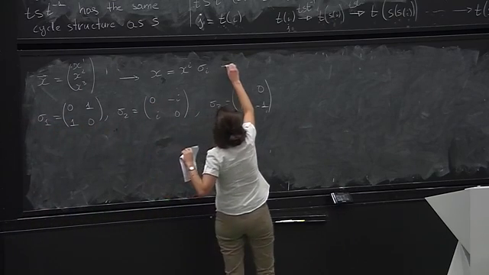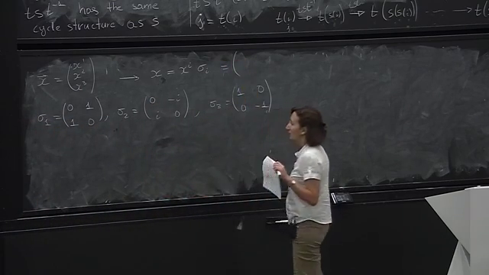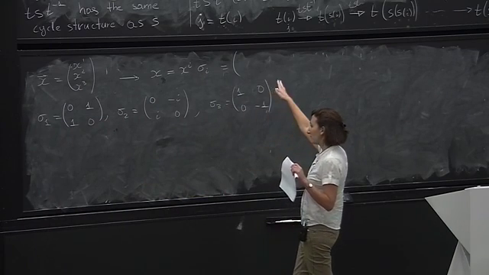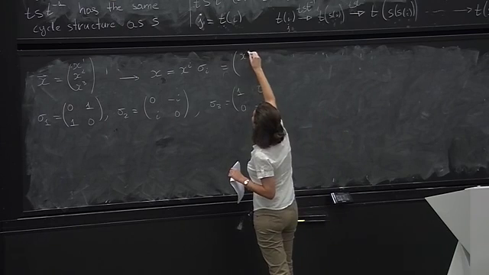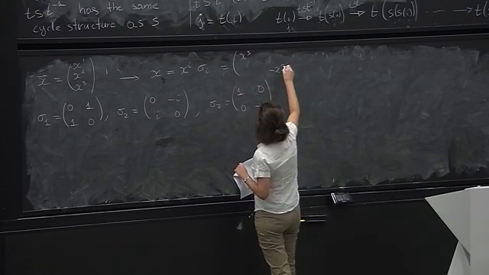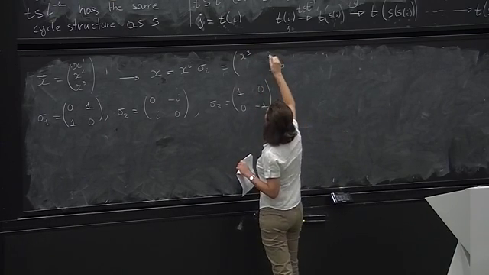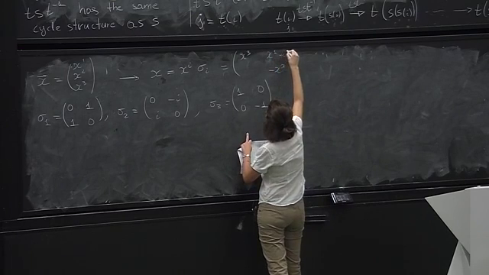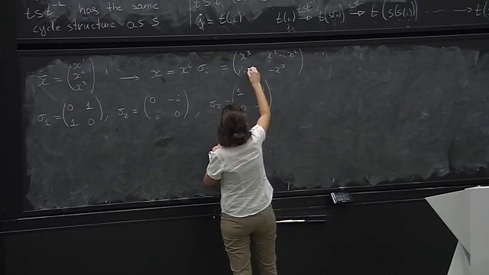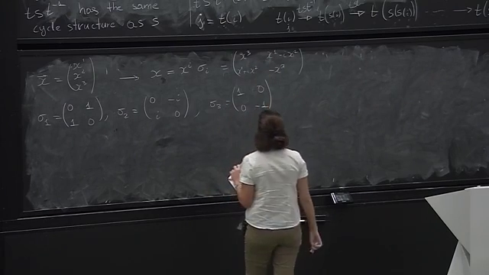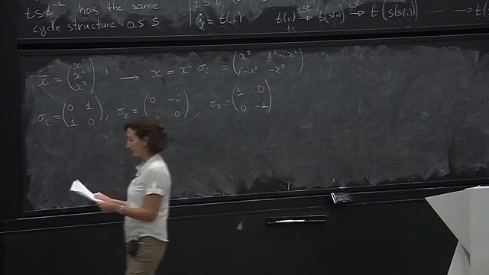So X will be a 2x2 complex matrix: x3, x1 minus i x2, x1 plus i x2, minus x3.